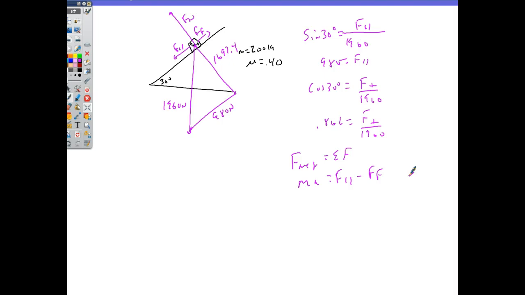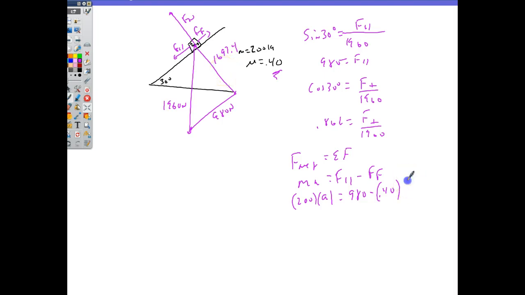Agreed? So now my mass is 200. My acceleration is, I don't know. My force parallel is 980 minus force of friction, which is mu force normal. Mu is 0.40. Force normal is the same as the force perpendicular, right?